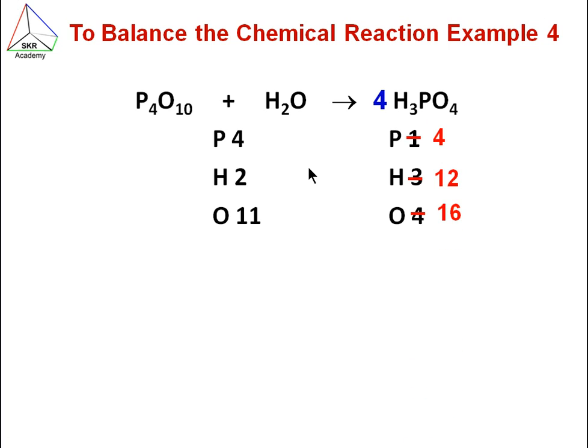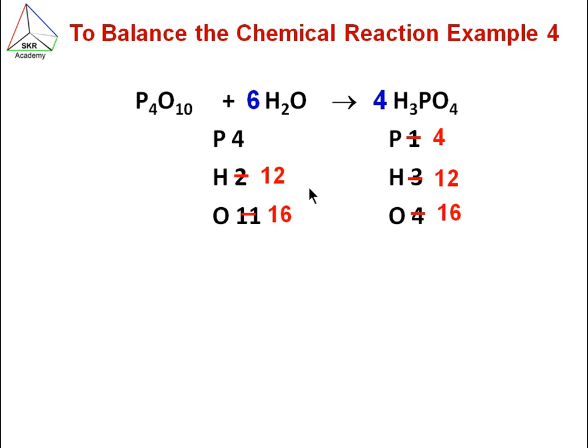We will add a coefficient 6 in front of water, so that the total hydrogen will become 12. And since we added 4 in front of phosphoric acid, the total oxygen becomes 4 multiplied by 4, 16. And on the left hand side we added 6, so the total number of oxygen becomes 6 and 10.